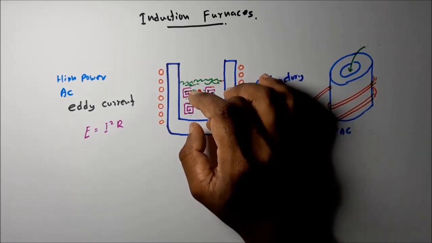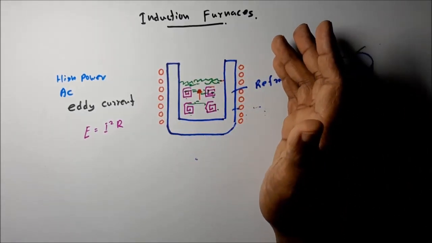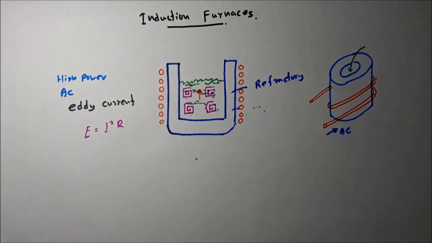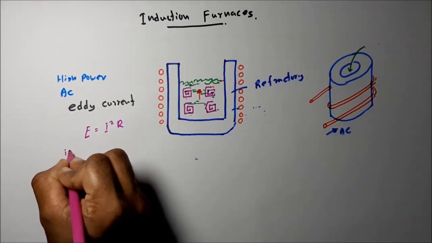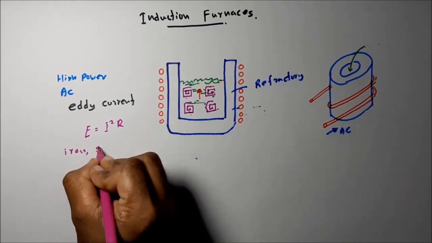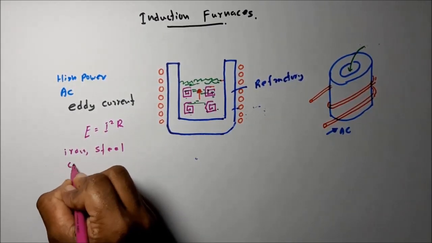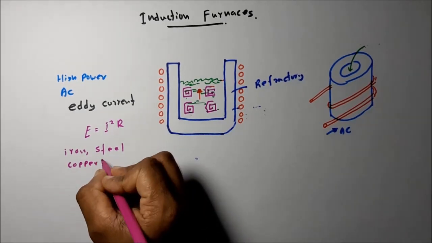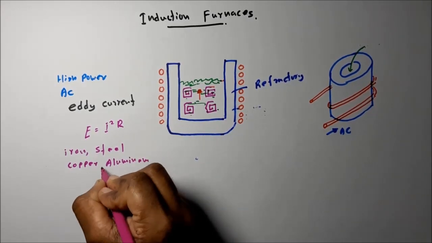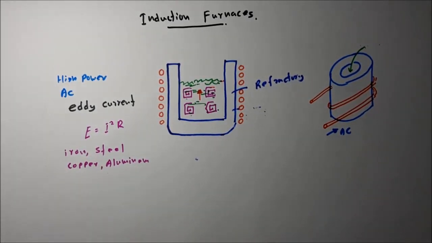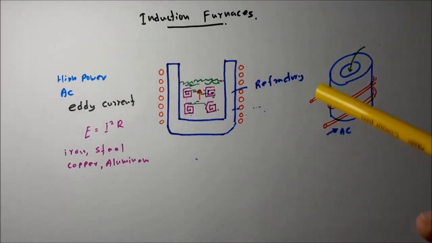Induction furnaces are available in hundreds of tons. They are used to melt various types of metals: iron, steel, copper, aluminium like metals. To melt these kinds of metals, induction type furnaces are used.